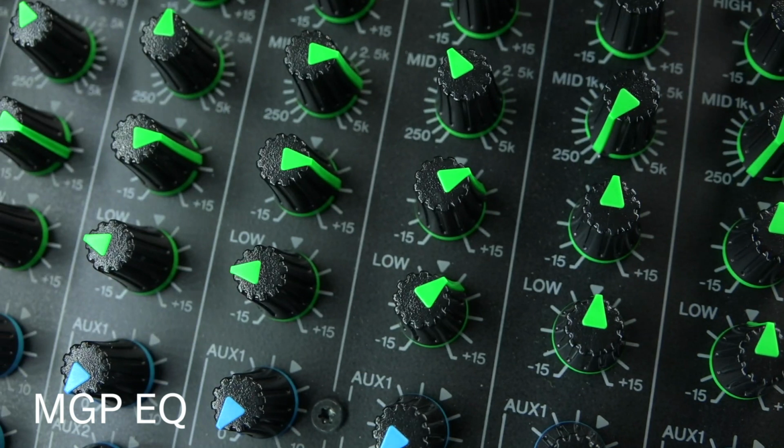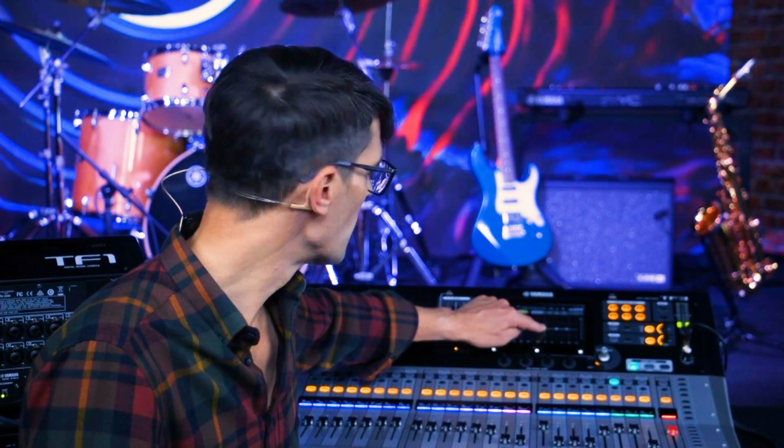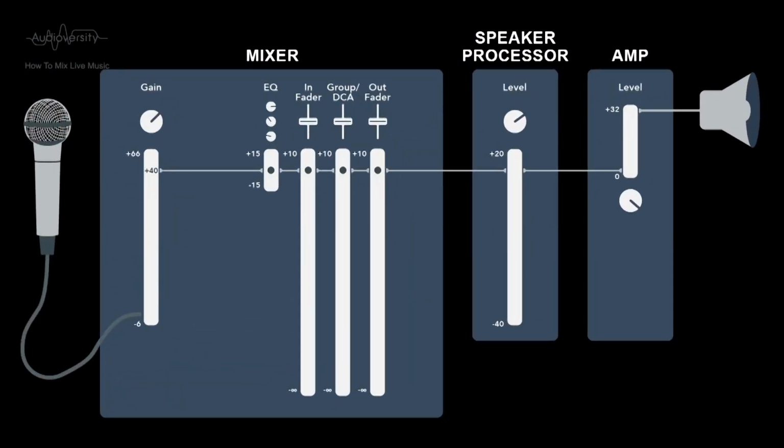Then +15 will indicate you have about 15 steps of change available to increase the level. Of course, the 0 point indicates that there is no change applied to the signal level in the mixing desk. Take a look at episode 6 to learn more about gain structure and signal levels inside a mixing desk.